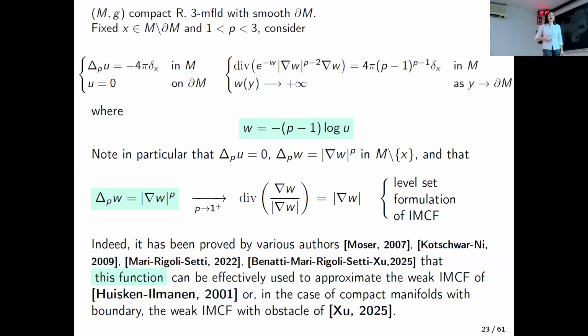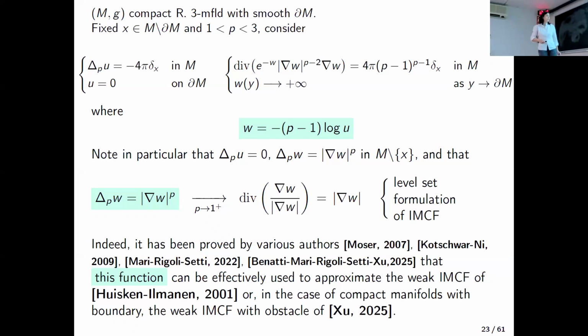And then other results generalized this first result in the context of sectional curvature bounded below, and then by Mari, Rigoli and Setti with Ricci bounded below. And also the same kind of existence proof with the use of what are called more and more in the literature p-inverse mean curvature flow functions.